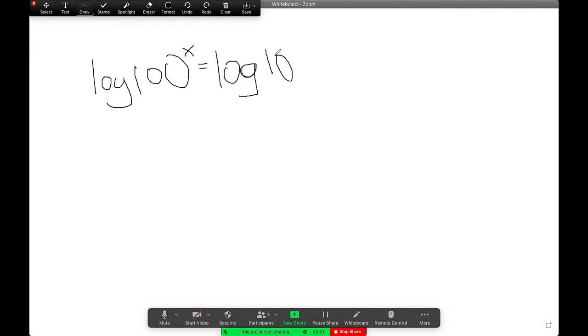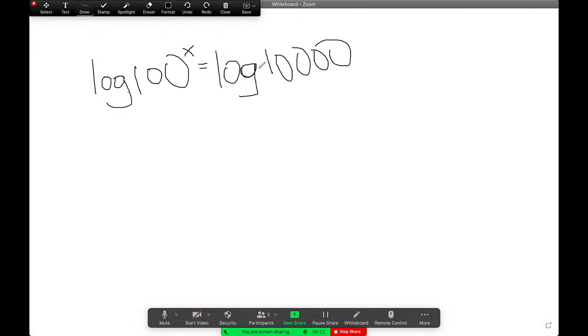Wait, you didn't give the log a base. You just put log and the 100 to the power of x. You didn't put the base. Yeah, so if you don't have a base, then it's automatically 10. If you look on your calculator, there's a log with no number under it. That means it's just log base 10. This is read log base 10 of 100 to the power of x.